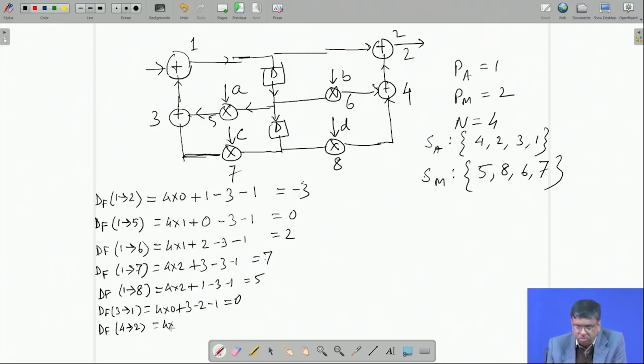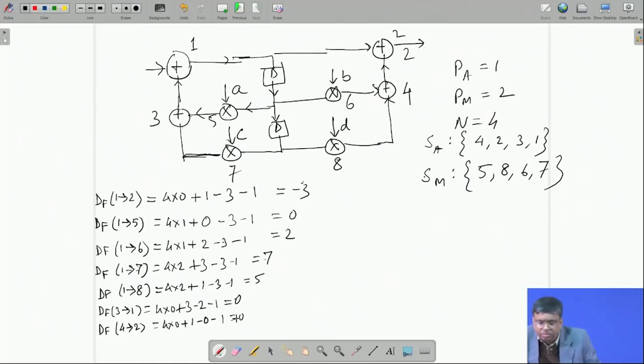So, 4 into 0 plus 2, adder 2 has schedule 1, minus 4, the schedule of 4 is 0, and still an adder. So, the pipeline latch is 1, so it is again 0.